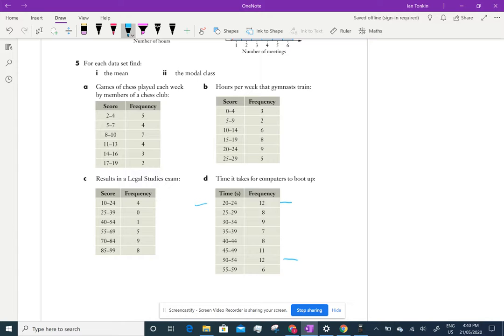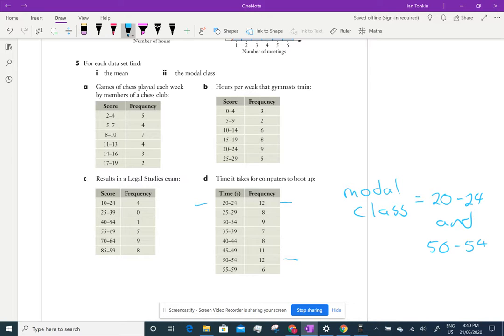We've got the modal class of 20 to 24 and 50 to 54. And let's just double check that, make sure we're correct there. D.